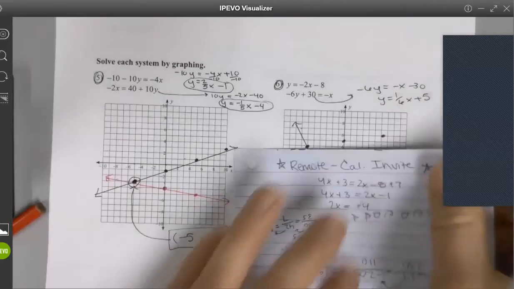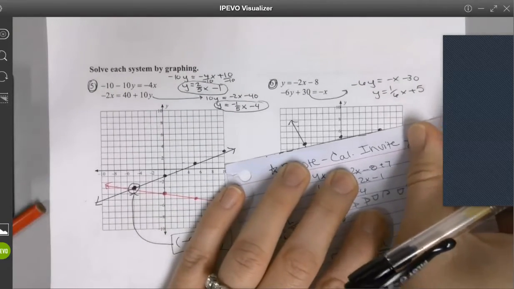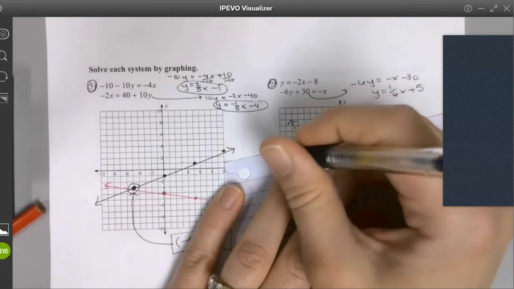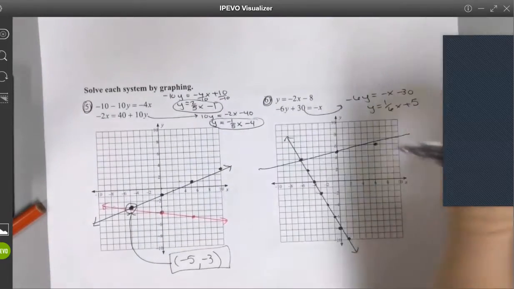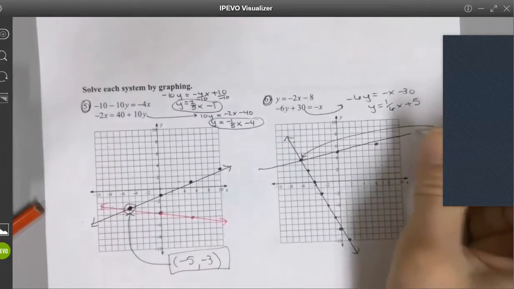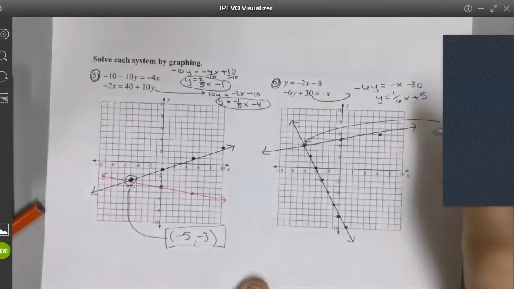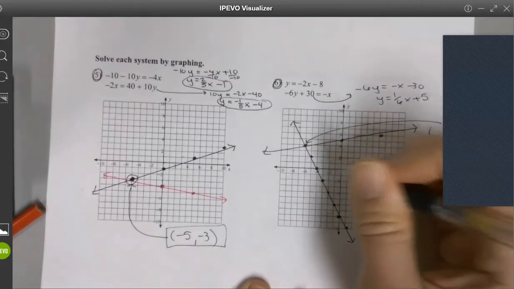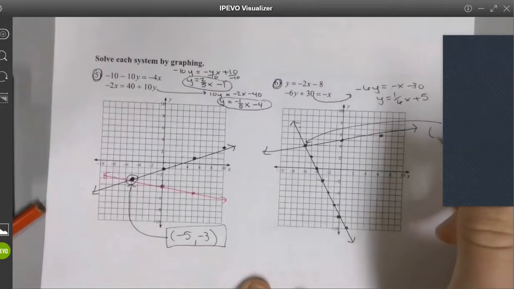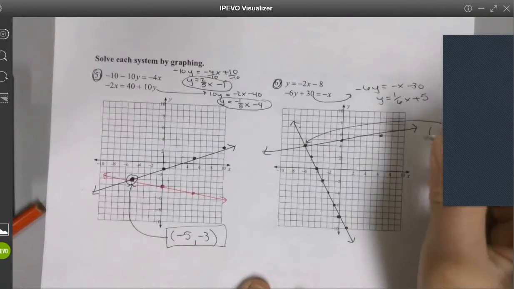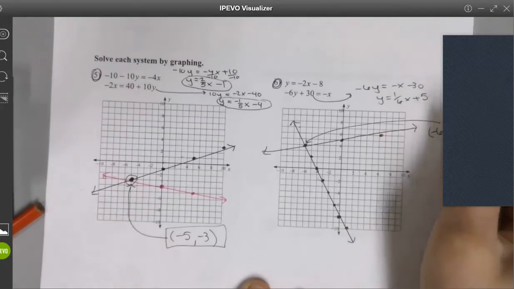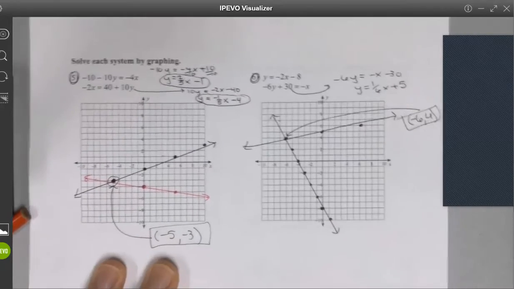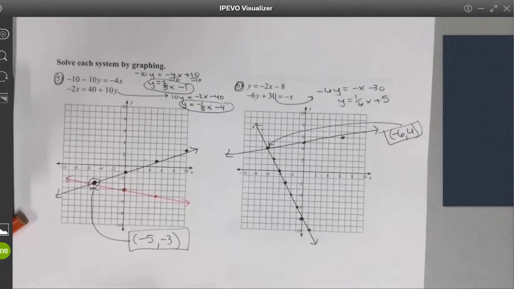There's my intersection point. Oop, found my line, missed it. Make sure your lines have arrows, please. I do take a point off if your lines are messy or don't have arrows. -6, 4 is where they intersect. Okay, those were the ones asked about.